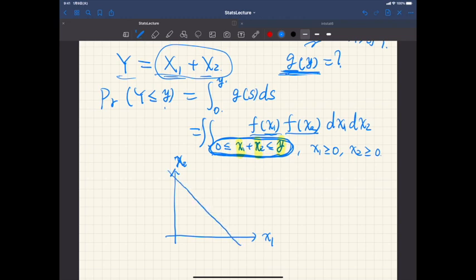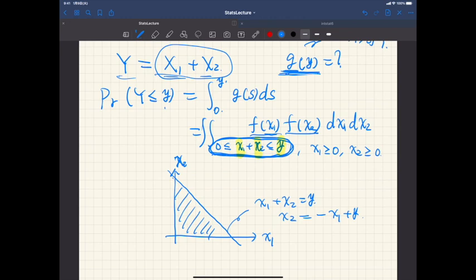Okay, so this region is the region where this line is x1 plus x2 equal to y. Okay, in other words, if you want, x2 is equal to minus x1 plus y.